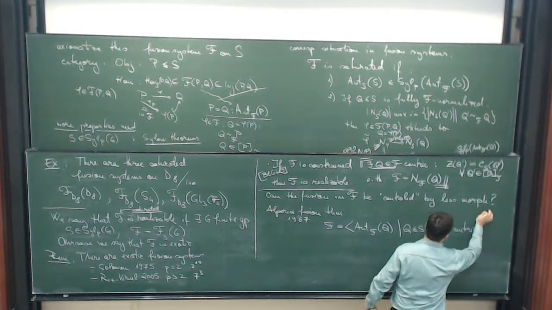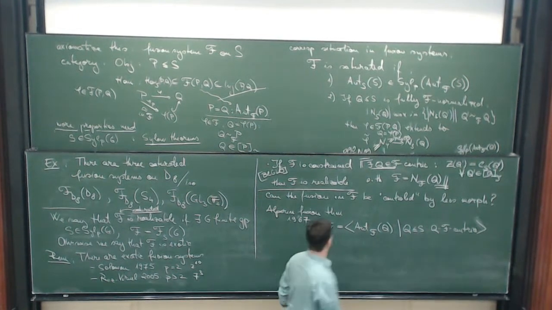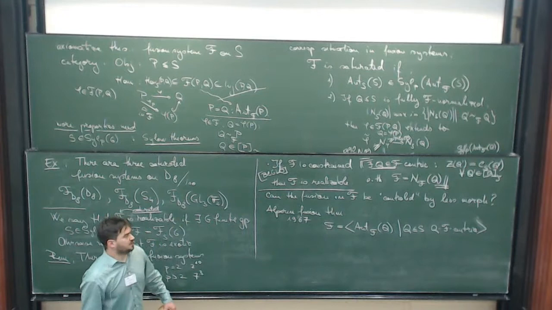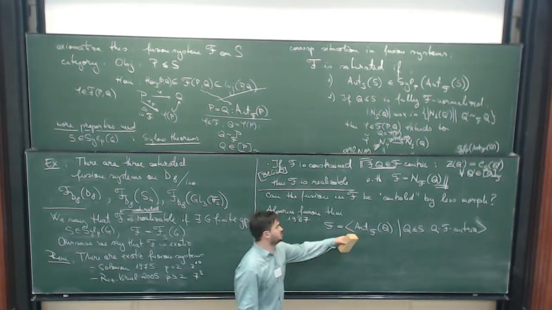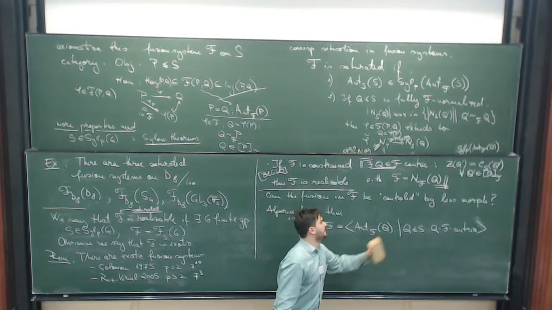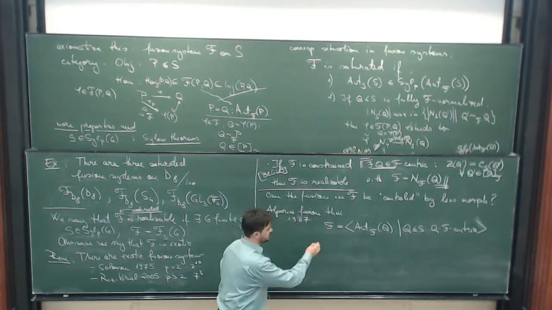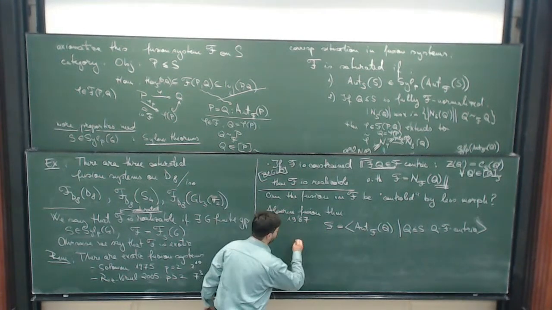Okay, so mainly you only need to know the automorphisms of those groups, then you get the whole fusion.